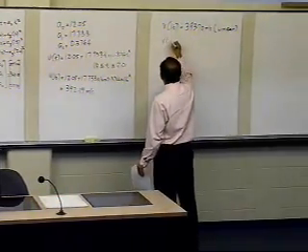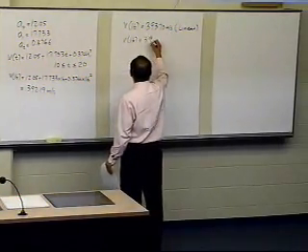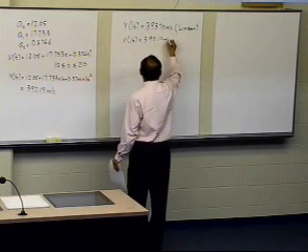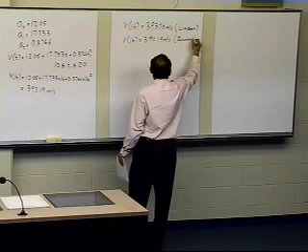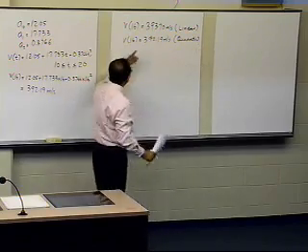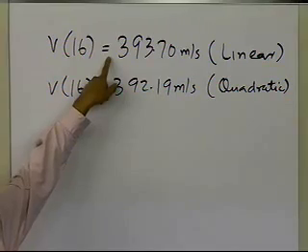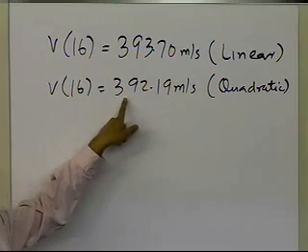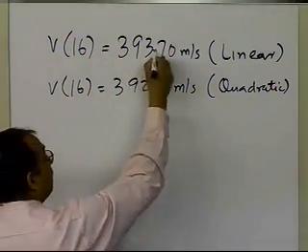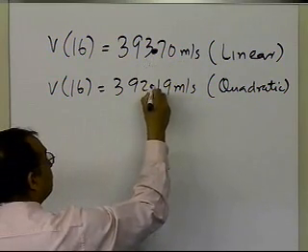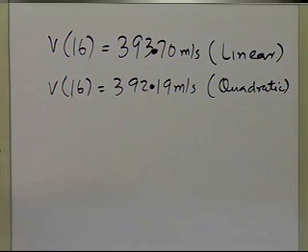And the value of the velocity at 16 is 392.19, which we just got by using quadratic interpolation. So we can look at this as our previous value, and this as our current value. This is the previous value which we obtained by using linear interpolation, and this is the value which we obtain now by using quadratic interpolation.